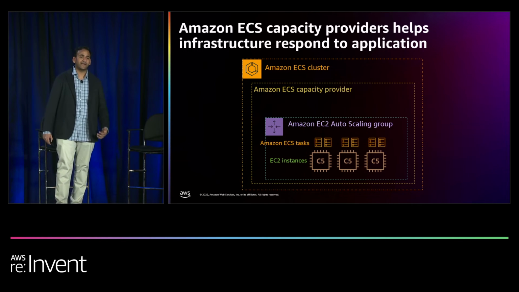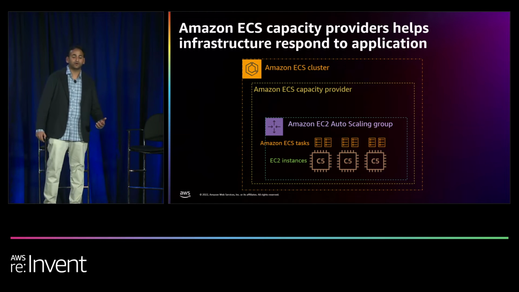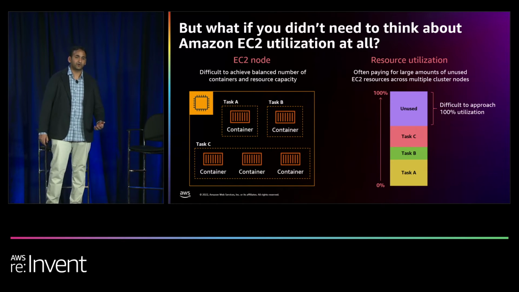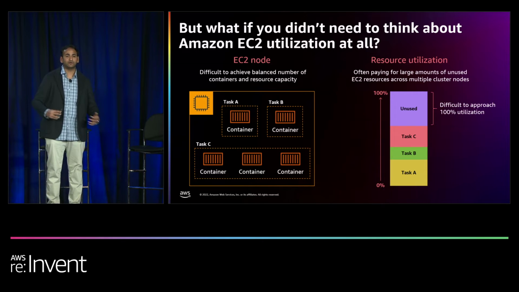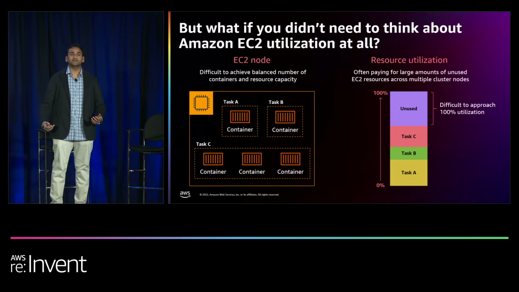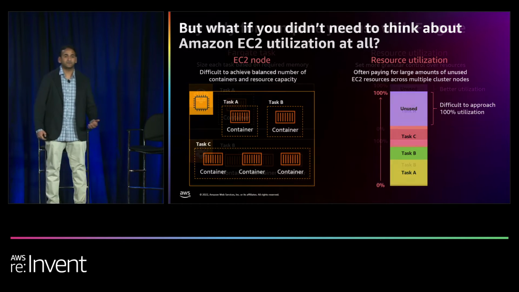And based upon that, it automatically right-sizes your cluster size. However, this is still a hard problem. In order to ensure availability, you would likely need to have some spare capacity. And it becomes hard. And it's not something that we want our customers to really worry about.